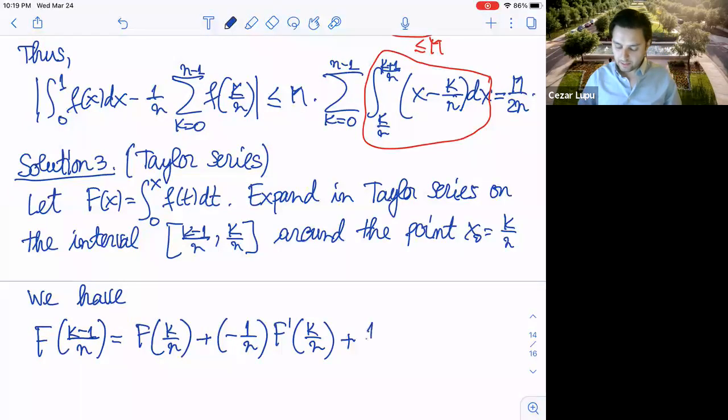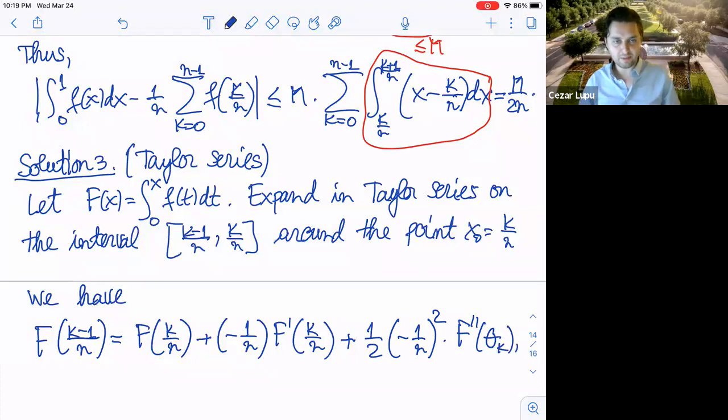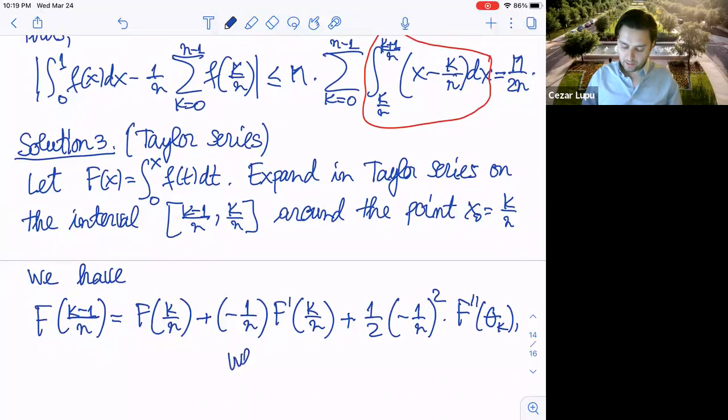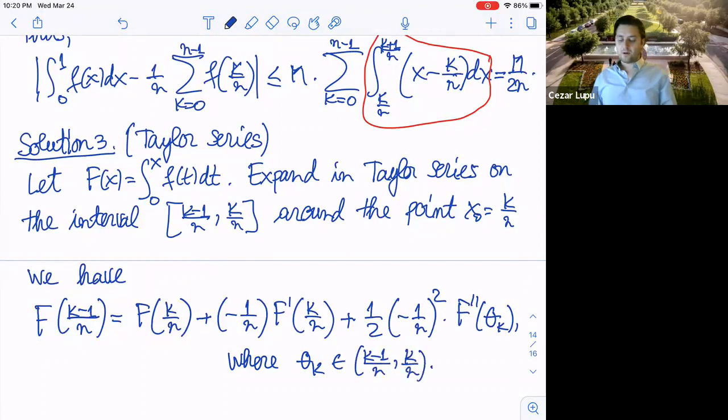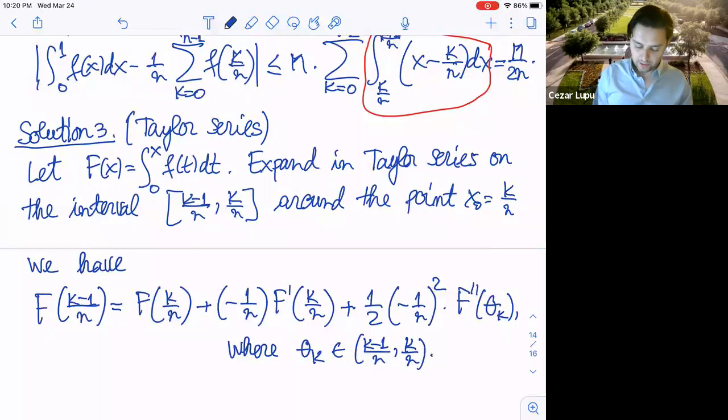And now plus negative 1 over n squared times f second prime of theta k, let's say. I'm going to change the notation. I could have used the same notation with psi, but I can change it to theta. Where theta is a number in this interval, k minus 1 over n, k over n. All right, great. So we have this relation.